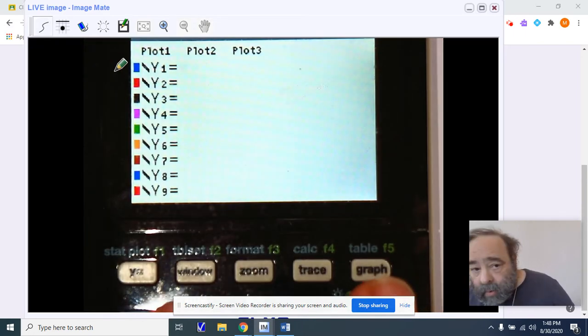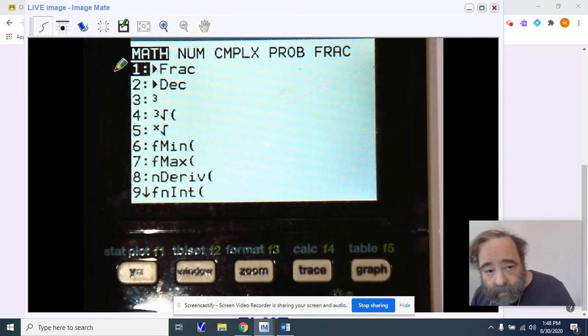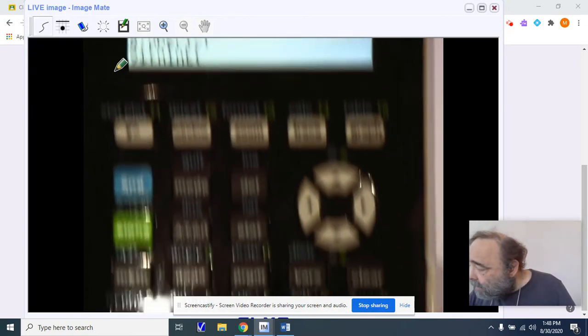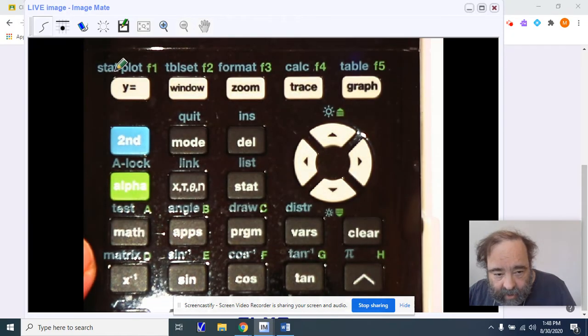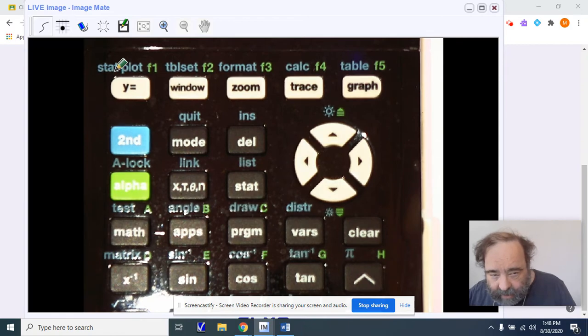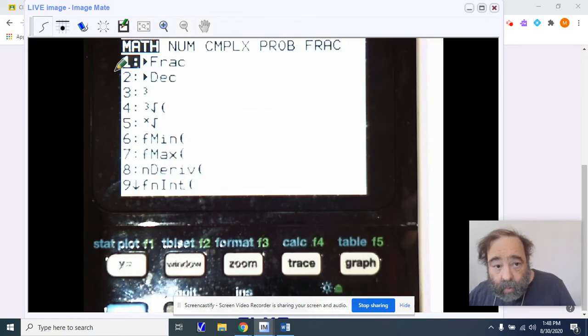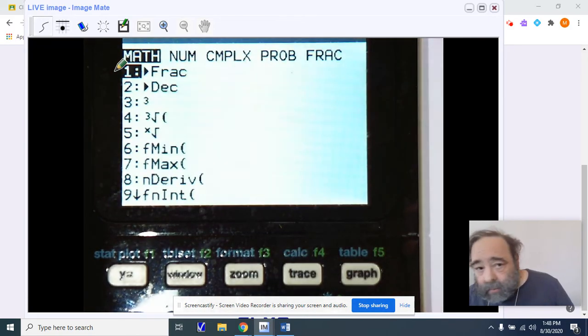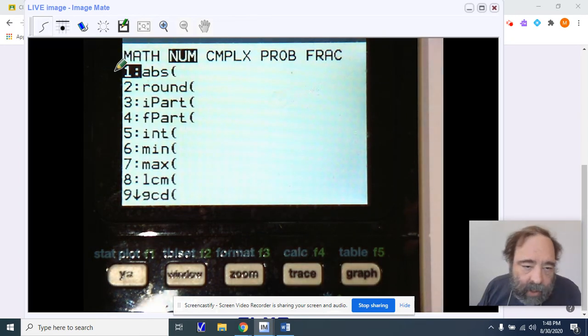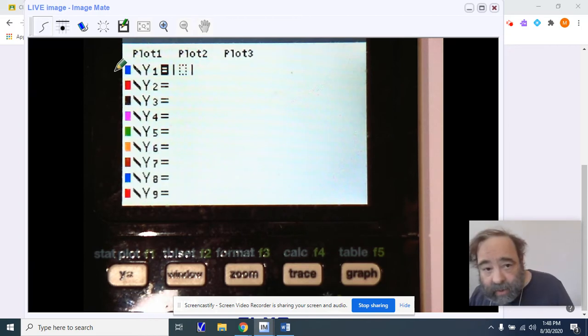So we want to put an absolute value, but where is that absolute value? Well, we have to go to math. Math is right below the green button, right here. It says M-A-T-H, math. We're now going to have to move over to number. You'll notice the very first one in number is absolute value. That's what we're going to select.